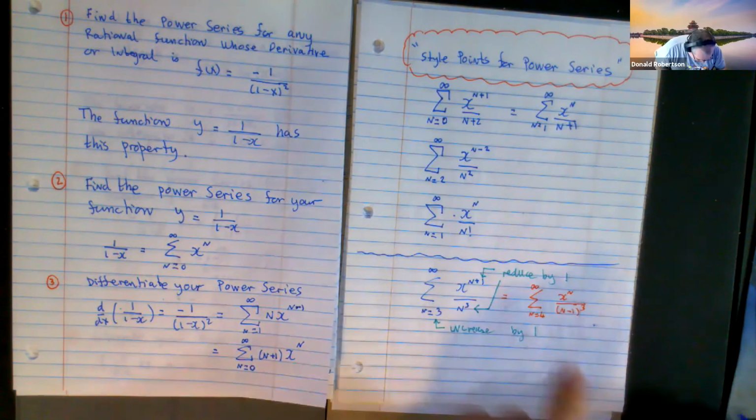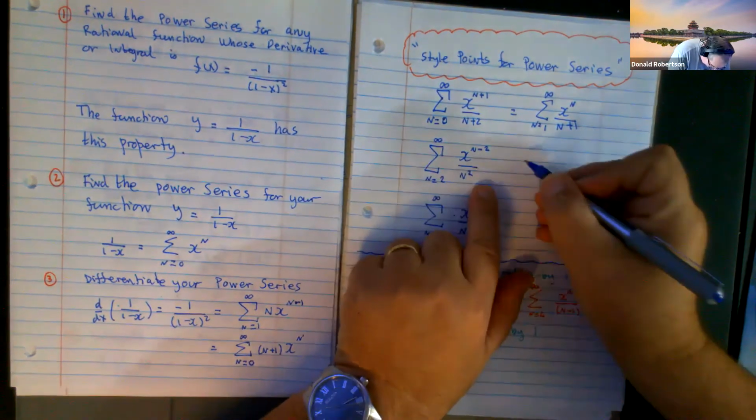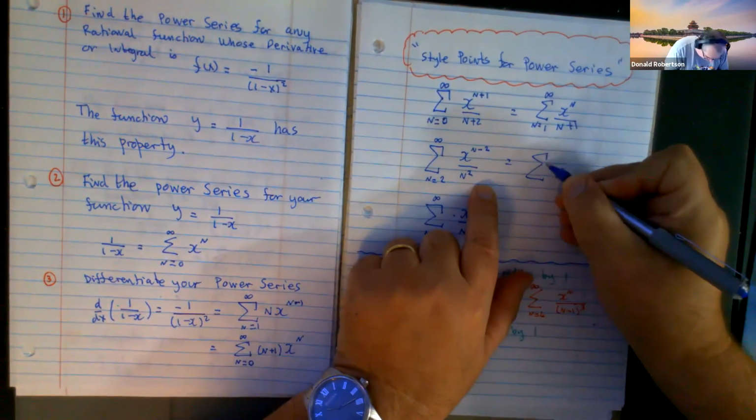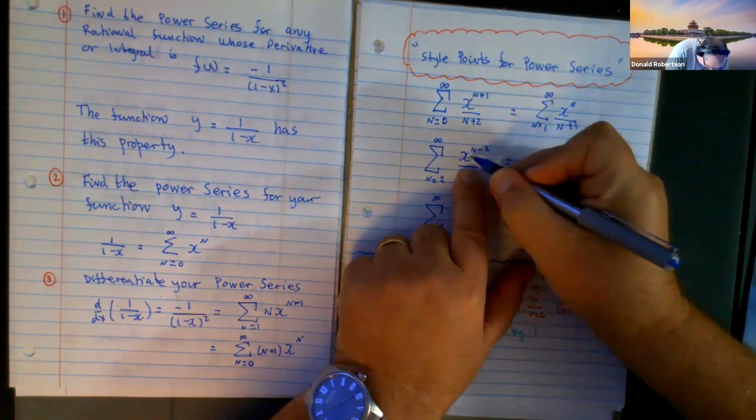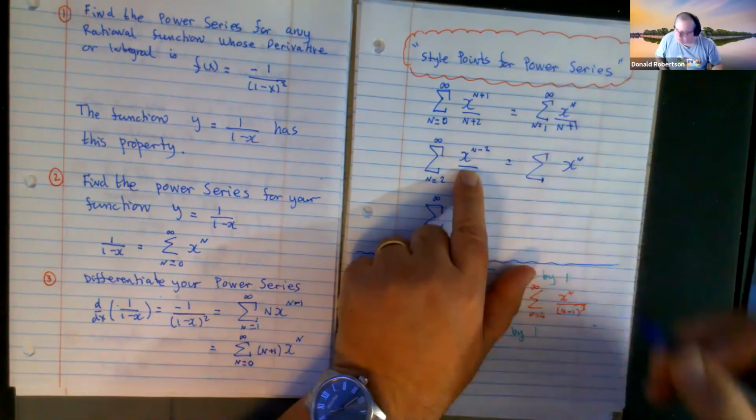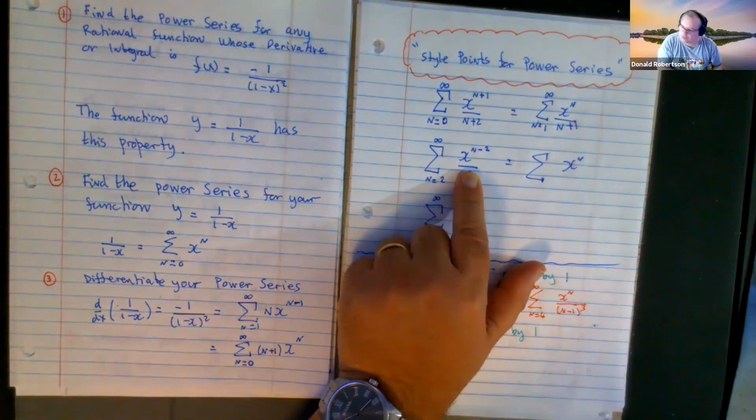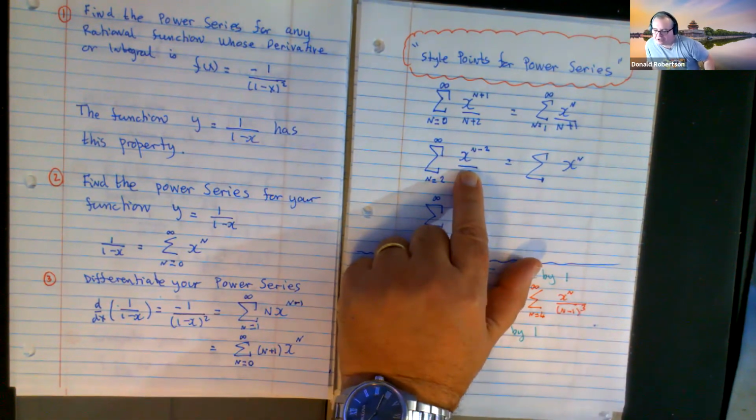Seesaws. Right, in this case here, I want to rewrite it as a power series, but I want x to the n. That's our goal. Whatever else is going to be what it is, but you want x to the n. Would you agree in this case you're going to add 2 to the power to get x to the n minus 2 to become x to the n? Are you happy with that? You're adding 2.